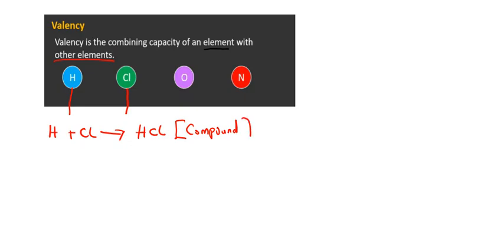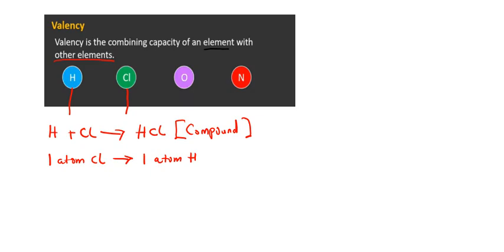One atom of chlorine will combine with one atom of hydrogen to give us hydrogen chloride.